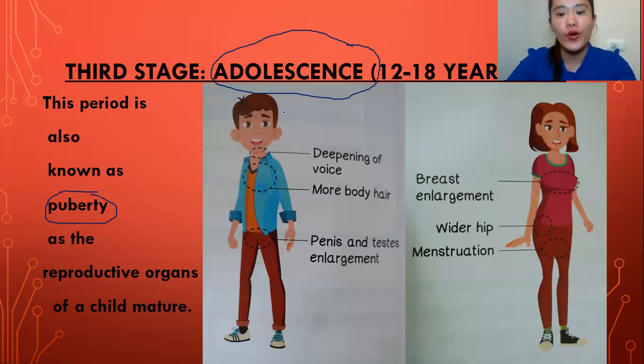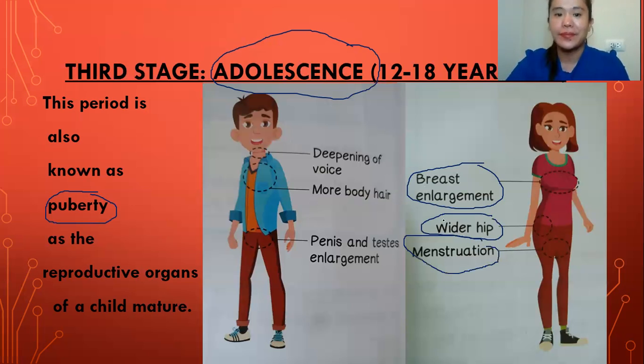All right. So for the boys, they will have a deepening of their voice, and then they will have more body hair. For females, they will have breast enlargement, and then they will have wider hips, and then they will have their menstruation period.